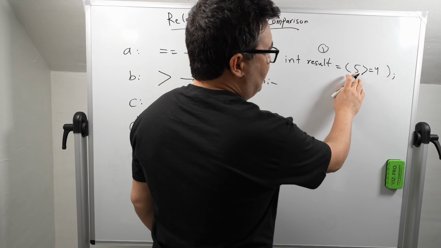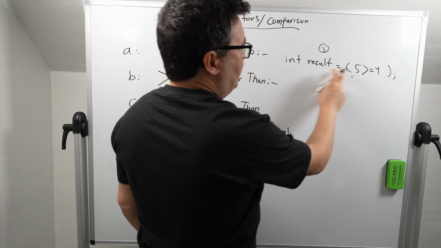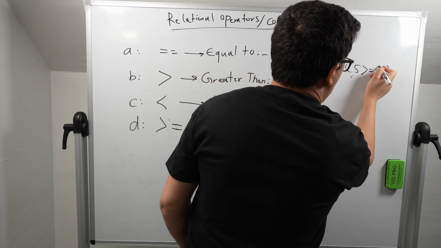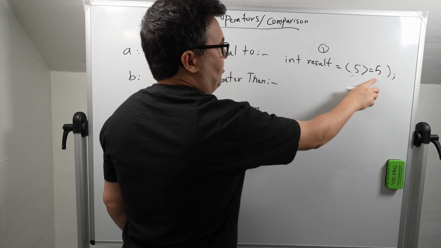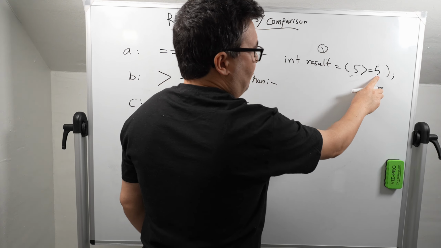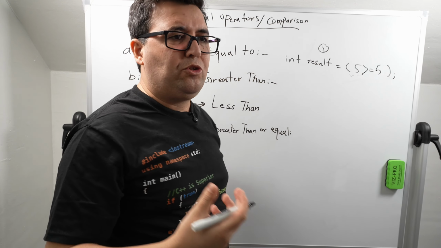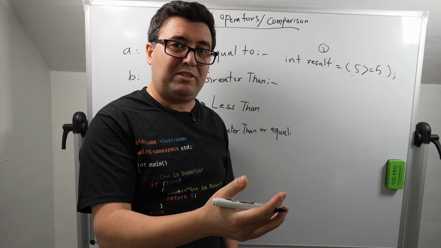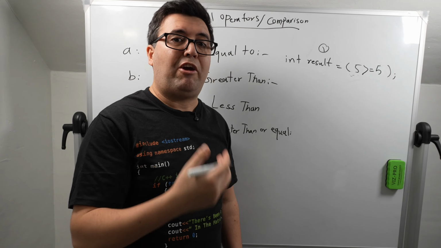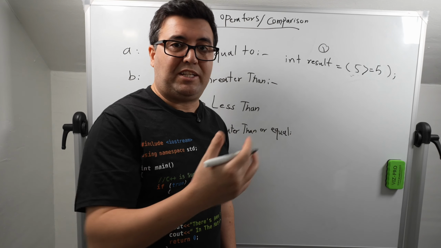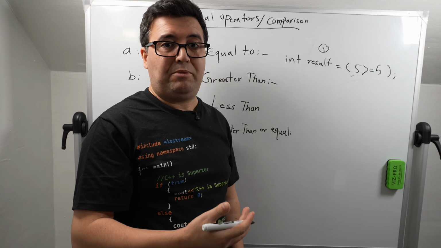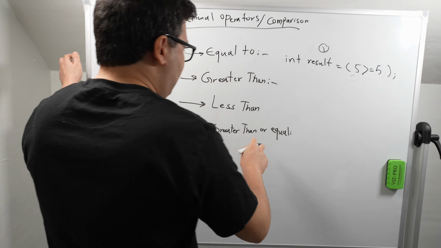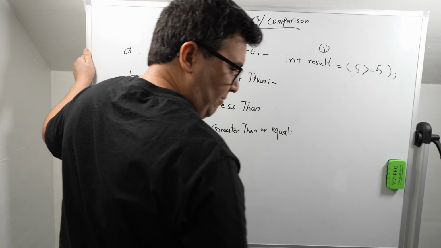Now in this case you see 5 is greater than 4, so the result is true. If the second value is 5, this is also true because 5 is equal to 5. So it checks two situations: either the first value is greater than the second value, or the first value is equal to the second value. This is called the greater than or equal to operator.